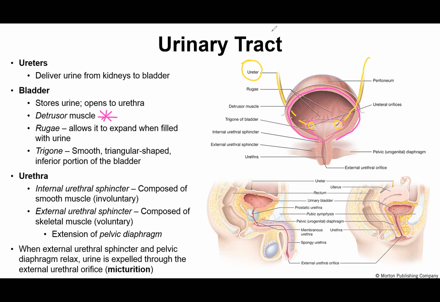Okay, so they don't come in the top. They actually travel sort of behind all the way to the bottom, and that's where urine is going to be dumped into. Okay, and so each of these ureteral orifices, which are those little holes that you can see, that's where the ureter is actually entering the bladder. So that makes up one point of the trigone.